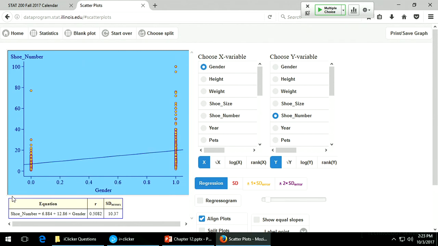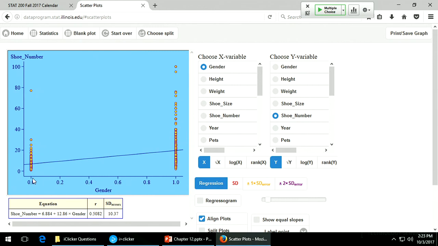Gender, and what does this even mean, 0 and 1? Well, for a binary variable, you can code it as 0 or 1. So I coded males as 0 and females as 1.